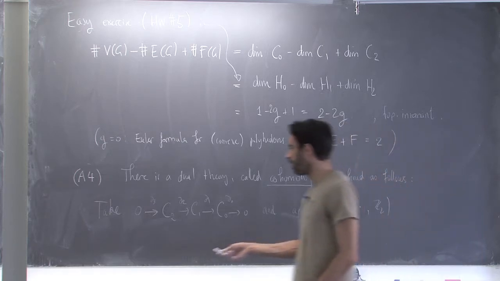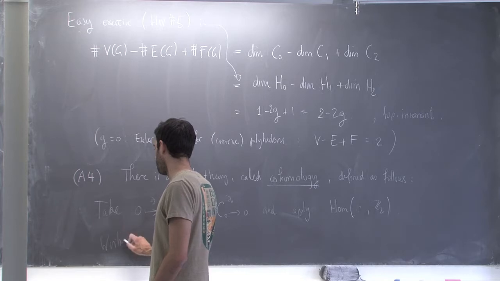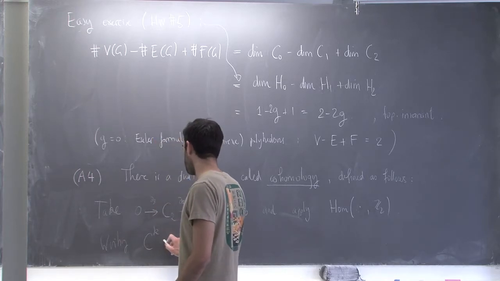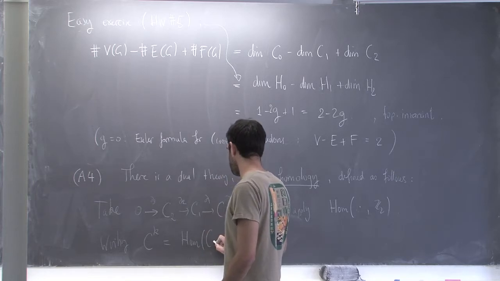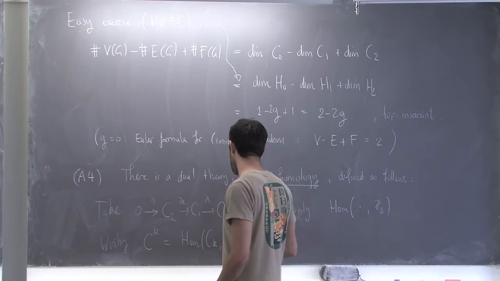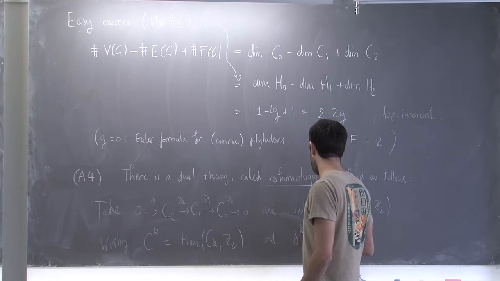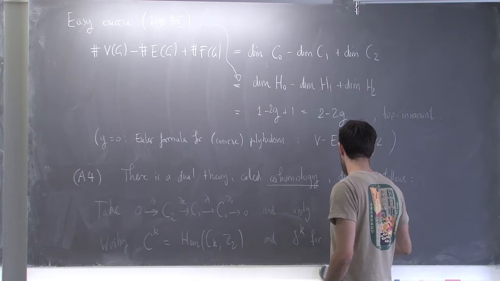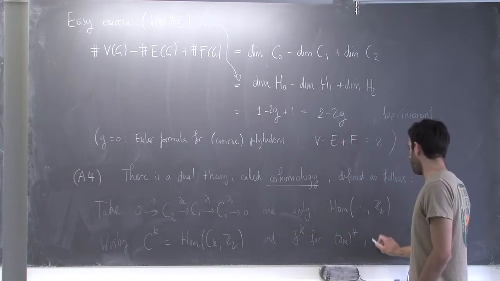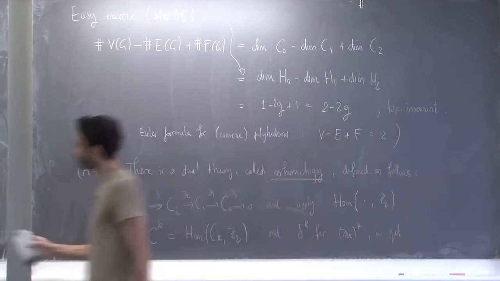So if you write C^k for Hom(C_k, Z2) and delta^k for delta_k star, the dual, we get something of the following form.